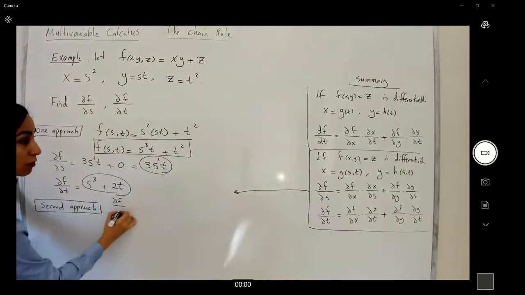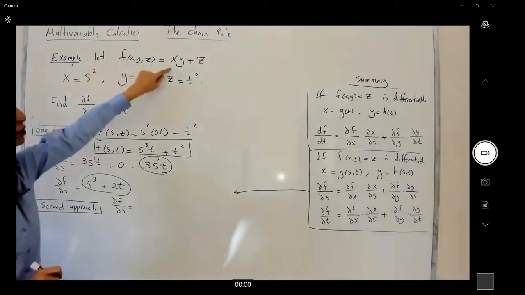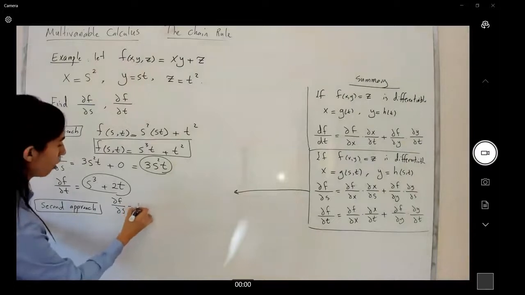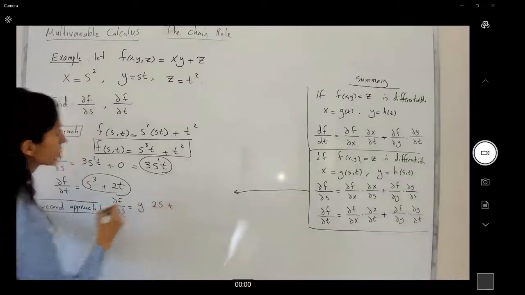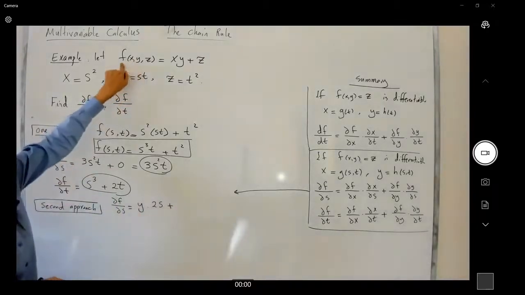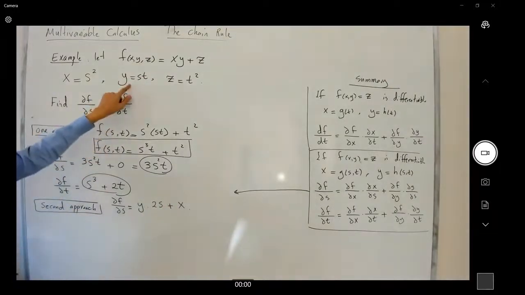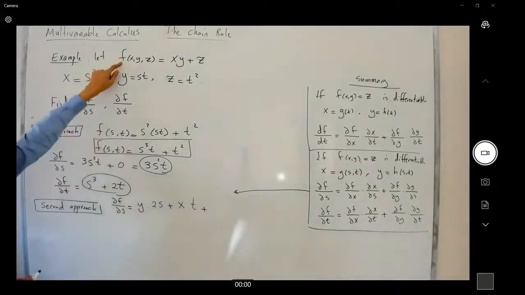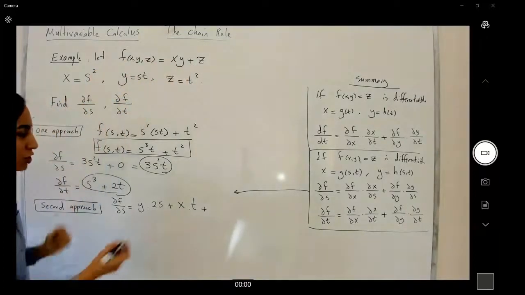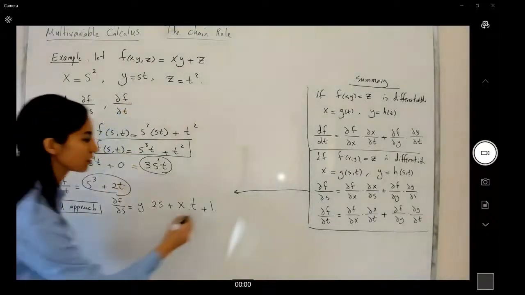The partial derivative of f with respect to s is equal to the partial derivative of f with respect to x, which is just y, times the partial derivative of x with respect to s, which is 2s, plus the partial derivative of f with respect to y, which is x, times the partial derivative of y with respect to s, which is t, plus the partial derivative of f with respect to z, which is 1, times the partial derivative of z with respect to s, which is 0.